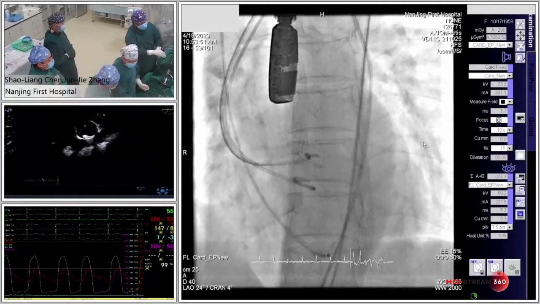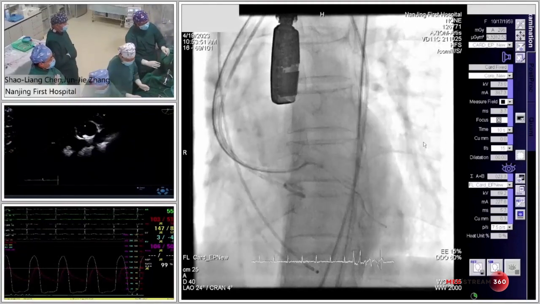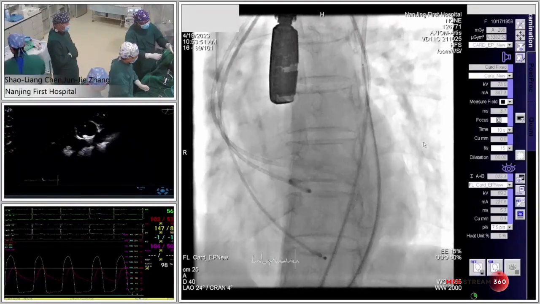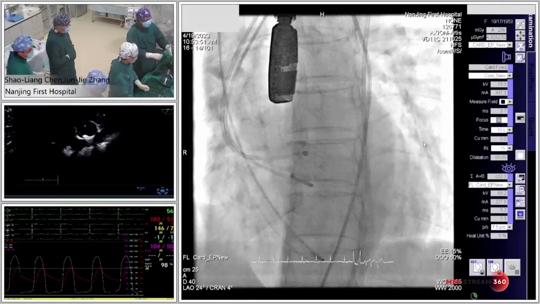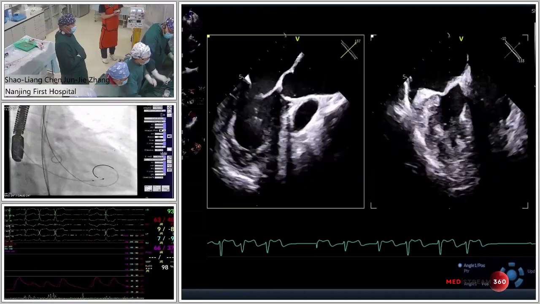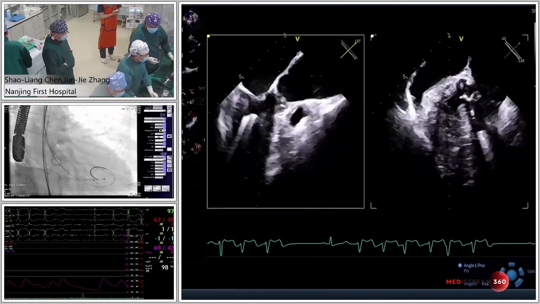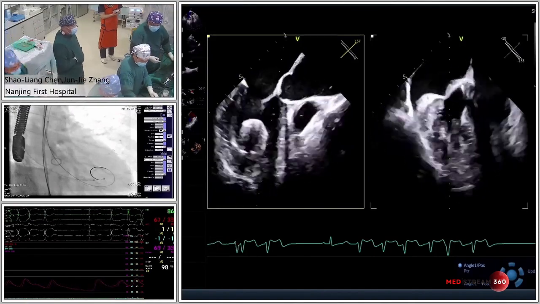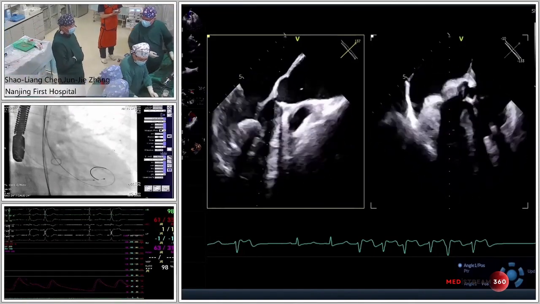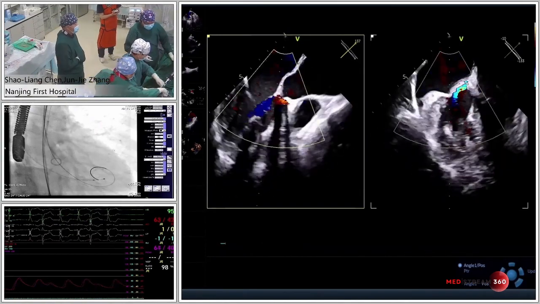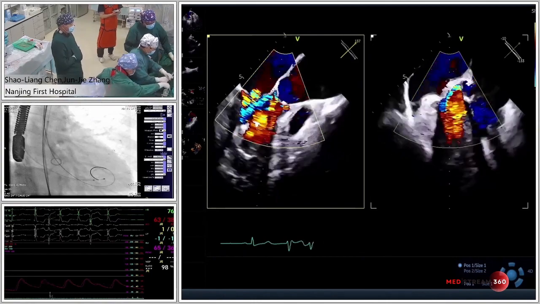There is the curve to facilitate the wire staying just at the apex of the ventricle and supply strong support. Then I will still use the previous 20 millimeter balloon and try to cross the stenotic valve with a snare to facilitate the cross.